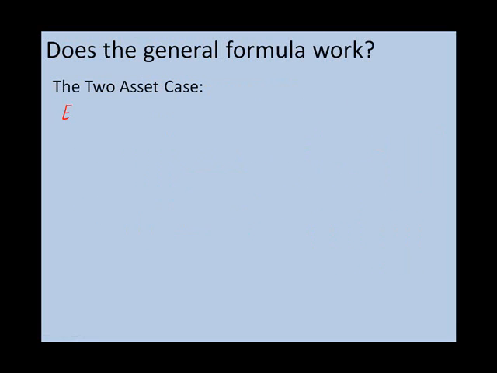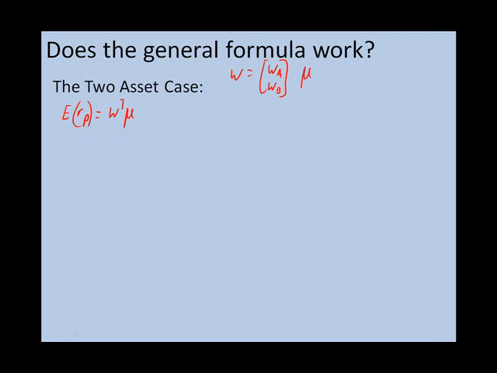We know that the expected returns on the portfolio are equal to W transpose times by mu. We know that W is equal to, the matrix W is equal to WA, WB.